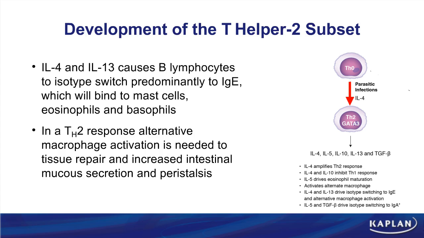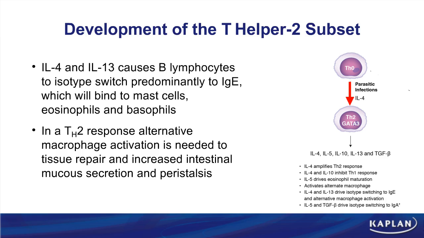Another thing that I want to point out is that whenever I have a Th2 response, the macrophages that are going to be involved are those of the M2 or alternative macrophage phenotype. And it should make a little bit of sense. Remember, what do those particular macrophages do? Well, they help in tissue repair. They clean up the mess. Whenever I have a parasitic infection, again, it's large.